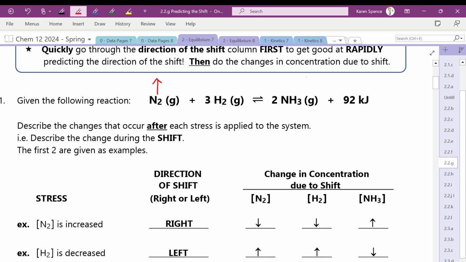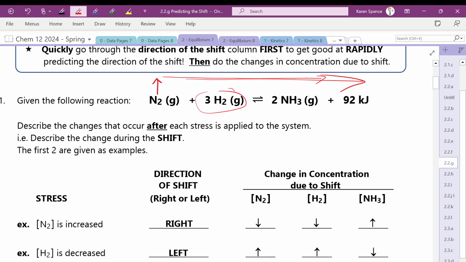It's going to shift to the right. And what's going to happen to the concentration of N2? We're going to decrease because we're using it up. Concentration of H2 is going to decrease because we're using it up. And concentration of NH3 is going to increase because we are producing it.